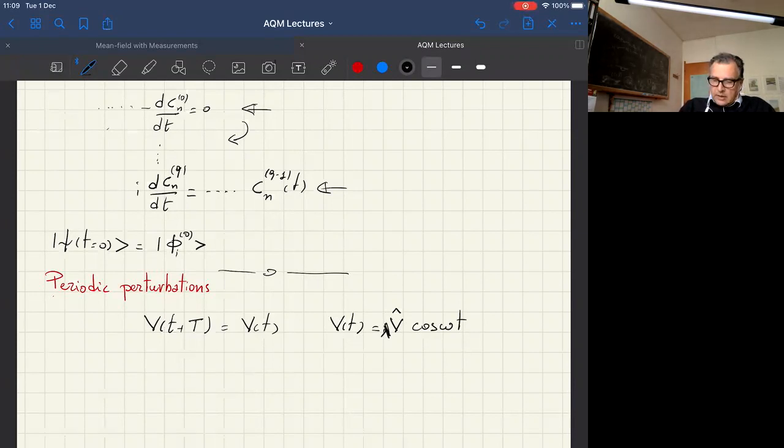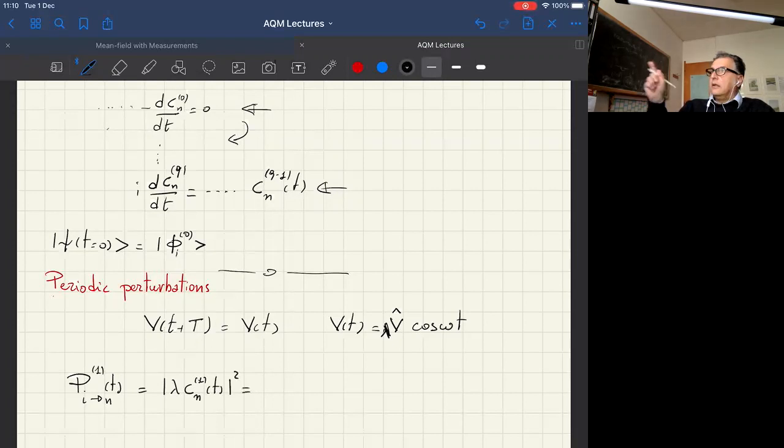So if you remember, yesterday we saw that if we want to know in first order the probability to go from the state I to the state N as a function of time to the first order in perturbation theory, this is nothing else than lambda times C1 N of t, okay?